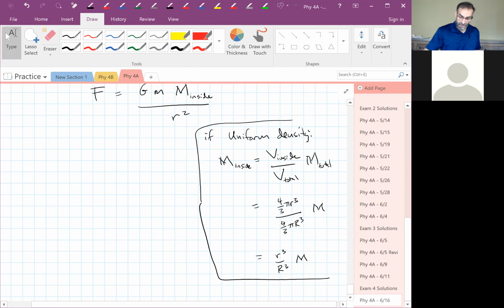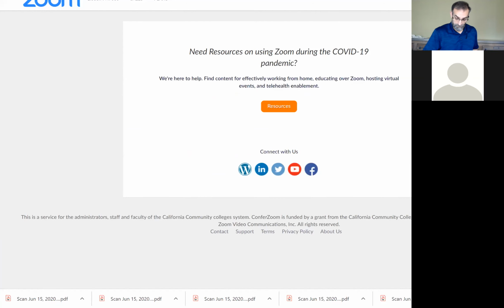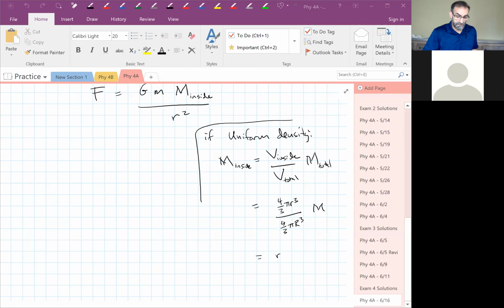And this is the kind of thing we do with charges. Little r, oh, it crashed again. Little r is the radius. Let me bring it back. Hold on a second. Little r is our radius, and capital R is the radius of the sphere.